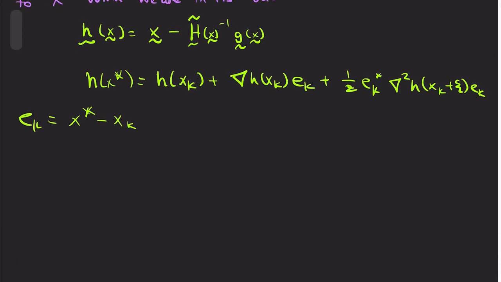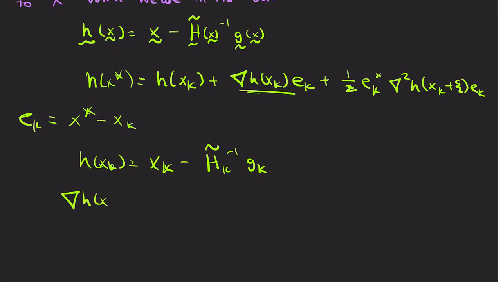Now, what does the gradient look like of this term? So h is x minus, so h of xk is xk minus h tilde k inverse gk.